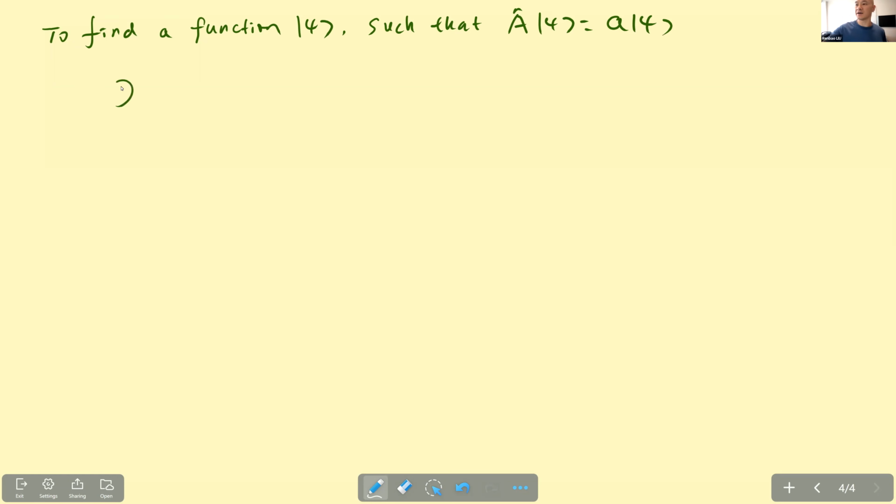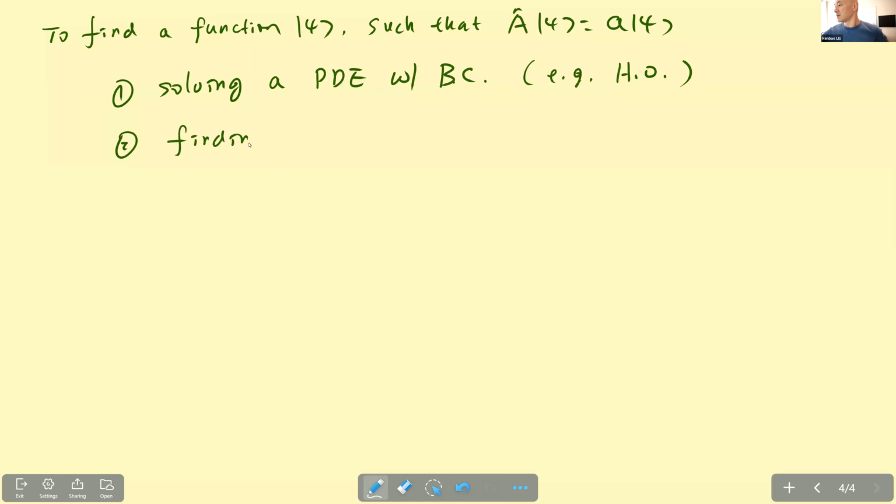You can either solve a PDE with boundary conditions, right? Such as, for example, we have solved this one for the harmonic oscillator, right? Another way is that finding a matrix, okay, A_mn equals to ⟨m|A|n⟩.